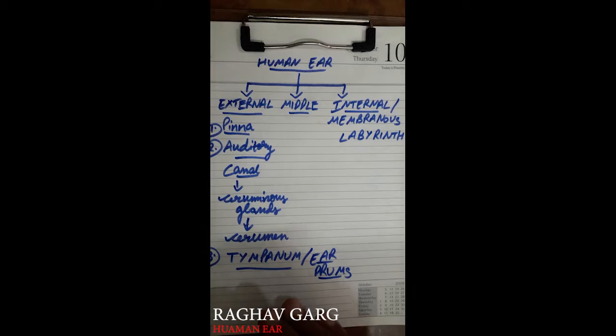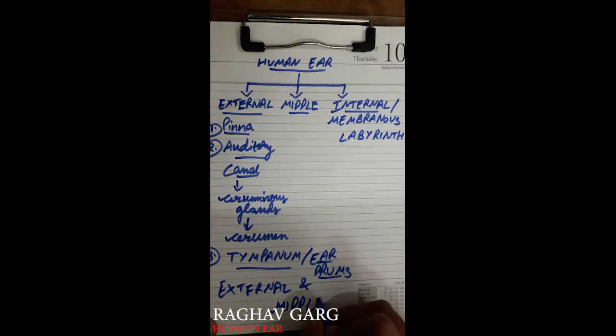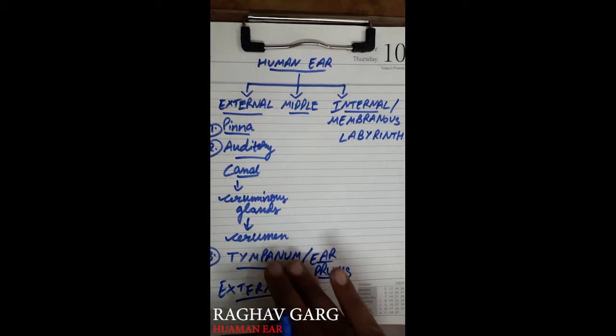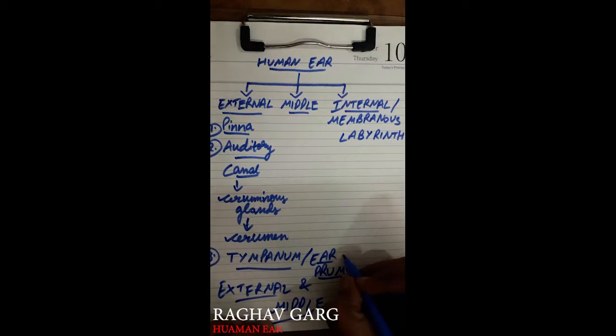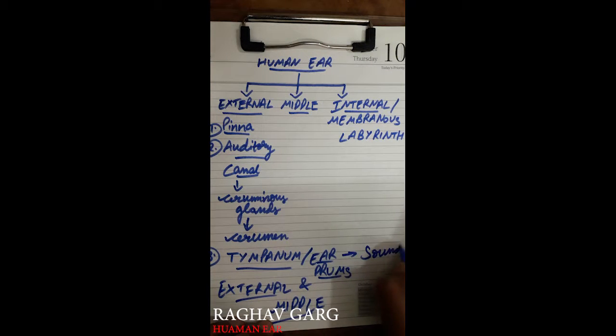The tympanum separates the external ear and the middle ear. It is a thin, fine membrane whose main function is to convert sound waves into sound vibrations.